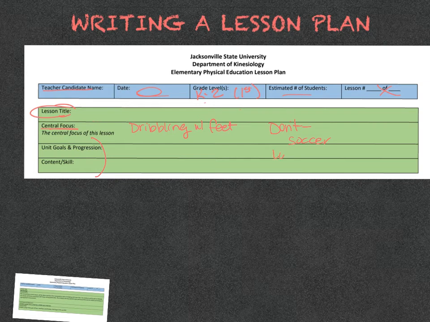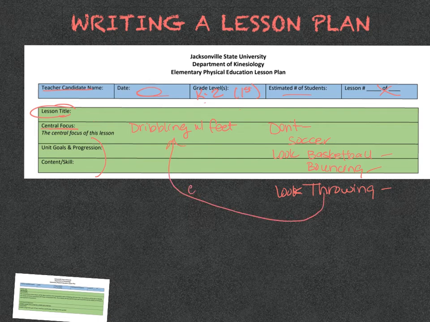Look for other lesson plans, maybe basketball, or for K through 2 it would be bouncing. Or maybe even look up throwing. Okay, so look up these games, these large group games, these whole group activities.